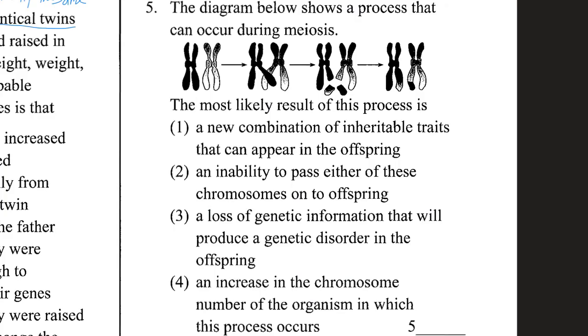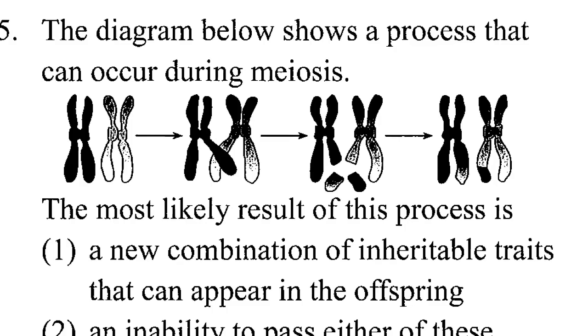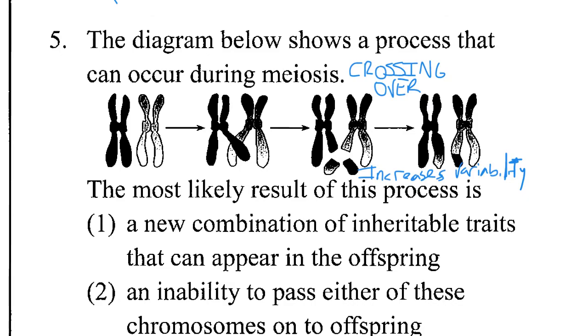Question number 5. The diagram below shows a process that can occur during meiosis. The most likely result of this process is what? If we refer to diagram 10 from the diagram section, we know that this is crossing over. We also know that in crossing over, that increases genetic variability. So with that, let's look at the options.